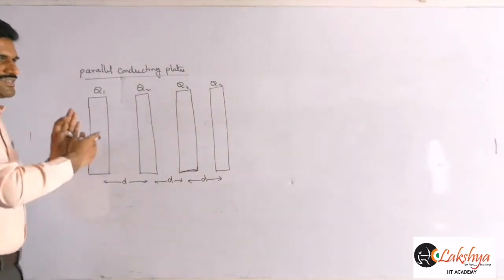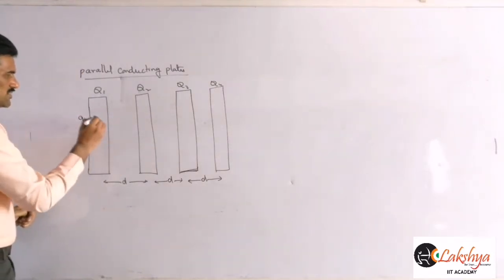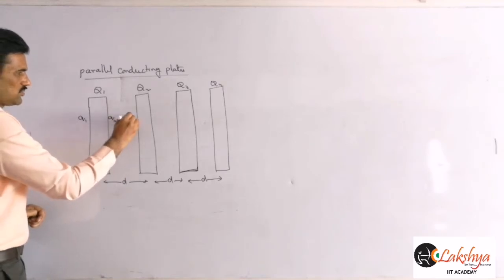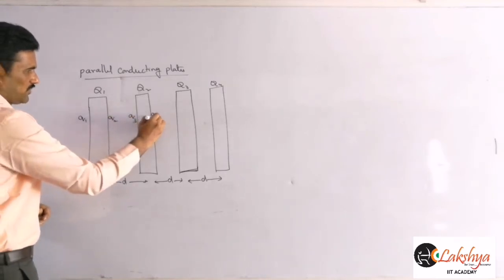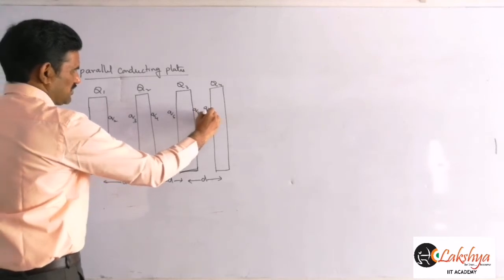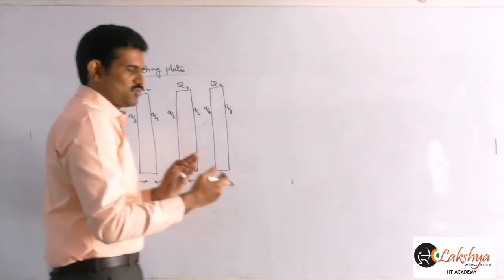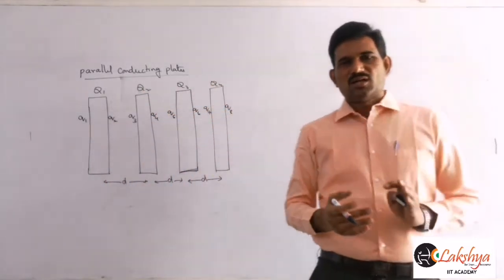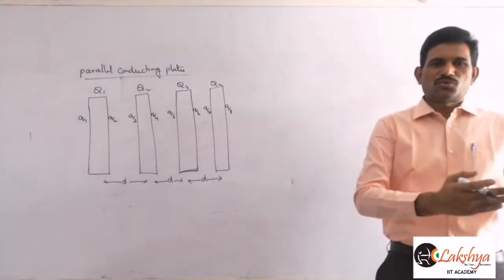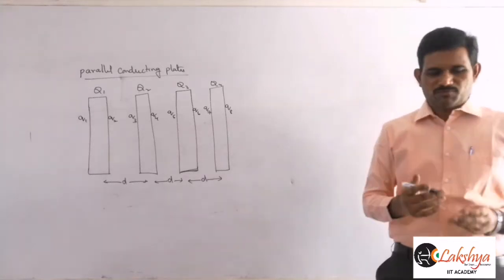Now I am assuming charges on each surface, which we need to find here. So this side I am assuming as q1, this side q2, q3, q4, q5, q6, q7 and this is q8. So the small q1, q2, q3 and so on up to q8 are the charges appearing on the different surfaces, the different faces of those conducting plates.